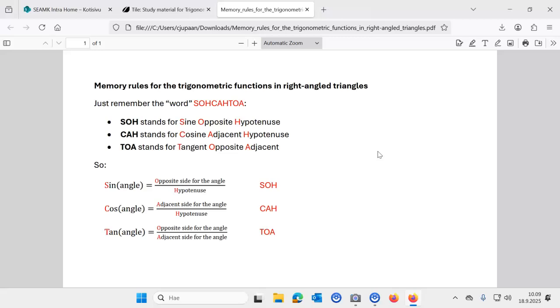It would somehow be possible to find the same kind of rules for the Finnish language, but that is a little bit harder because, for example, in Finnish, opposite is vastainen and hypotenuse is hypotenusa. So there will be S and V and H. So it is hard. Well, we have one Polish in this class, and in Polish there are many consonants.